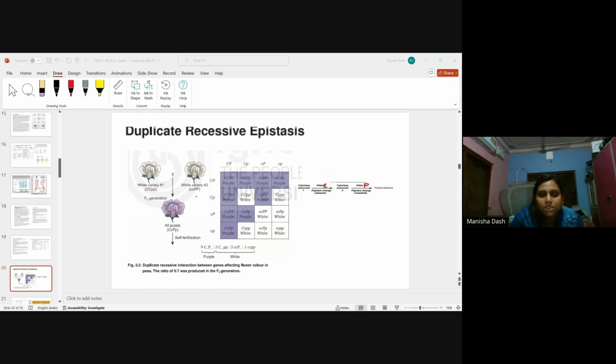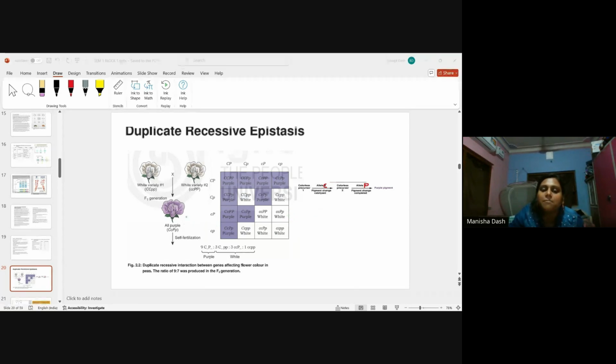Here there is a capital P, so by the law of dominance we should expect that capital P will give a purple pigment. But what phenotype are you observing here? The phenotype is appearing white.